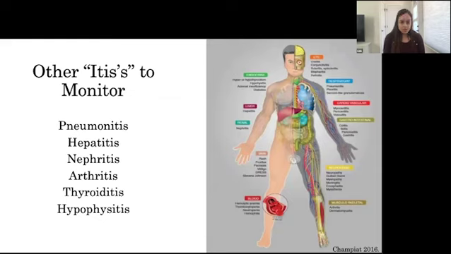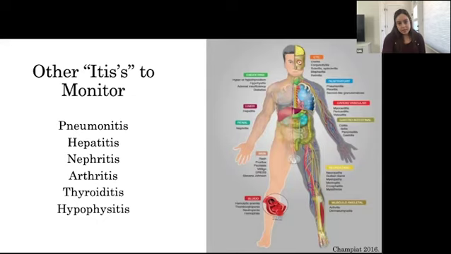So nurses are involved in all steps of care and supportive care specifically. Other things like nephritis are even more rare, about 1% of patients. Thyroid function can certainly be impacted. Up to about 7% of patients in trials with the PD-1 inhibitors have had thyroid dysfunction.